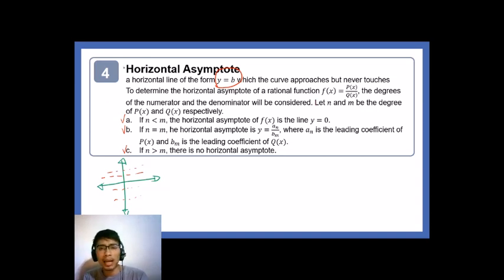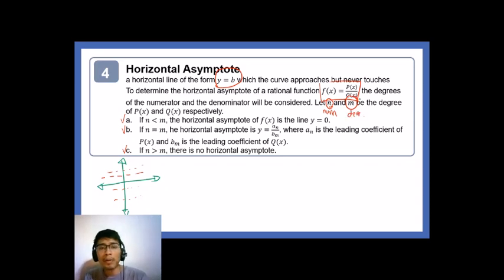For horizontal asymptote, you observe your rational function and you observe the highest degree in both numerator and denominator. Let's say that n here is the highest degree for your numerator, and m here is the highest degree for your denominator.